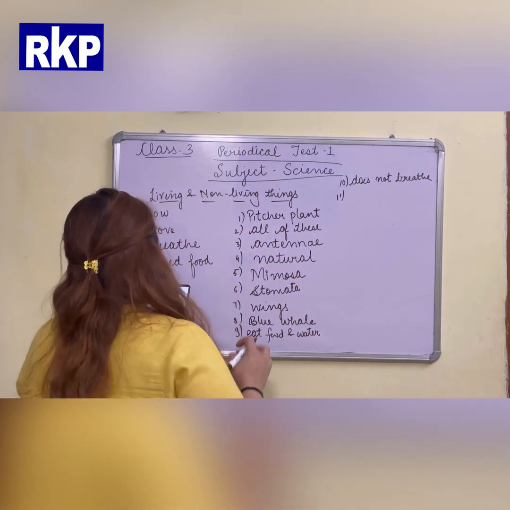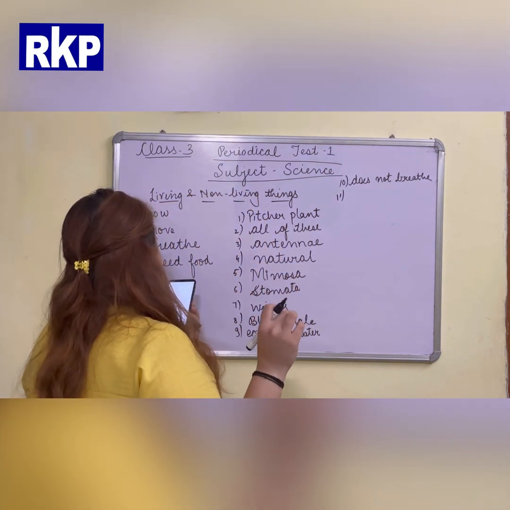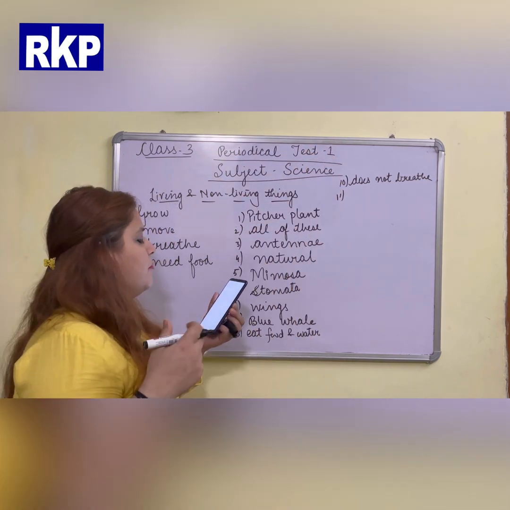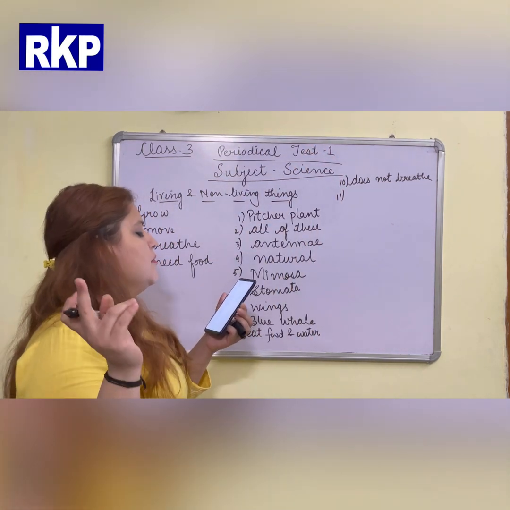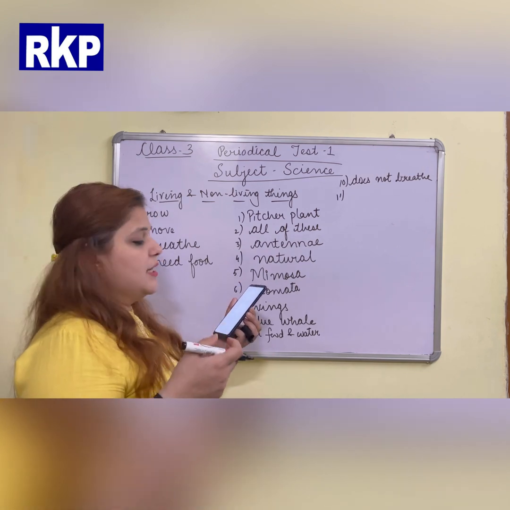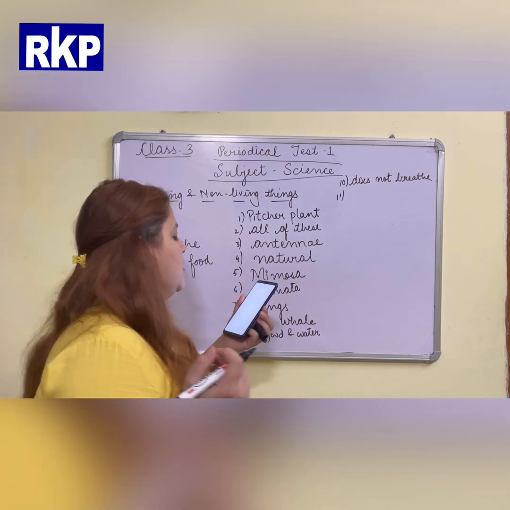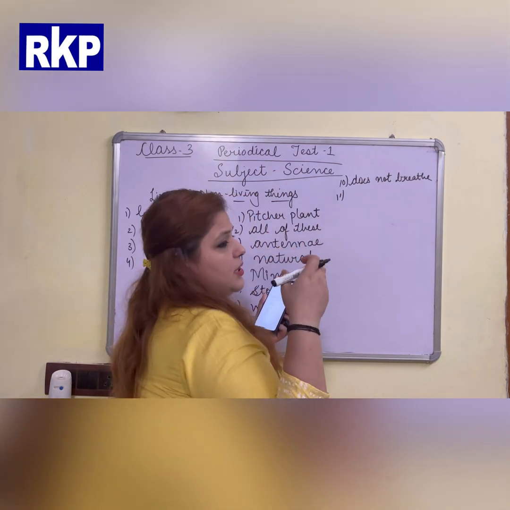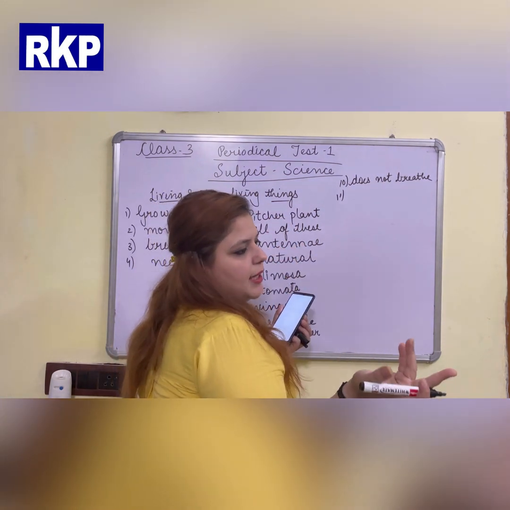Next question: a sunflower always turns towards the sun. This shows that plants grow, plants are living things, plants show movement, or sunflower is trapping sunlight. What does the turning of the sunflower towards sunlight show?